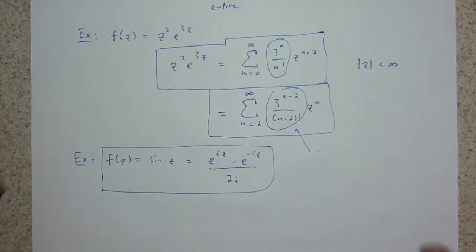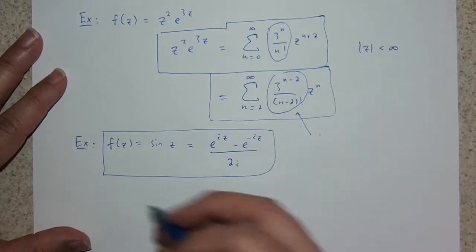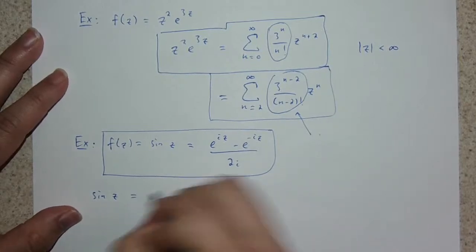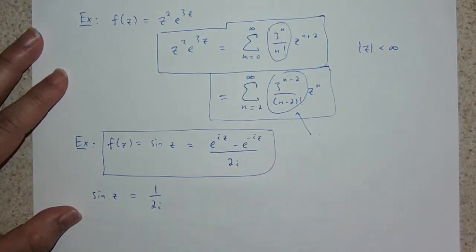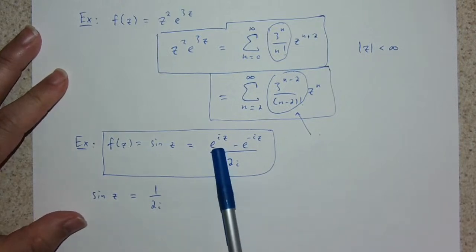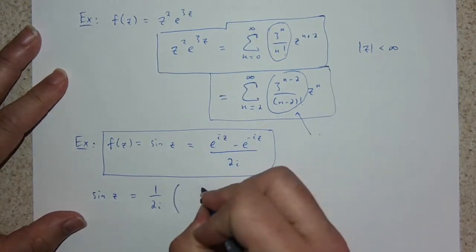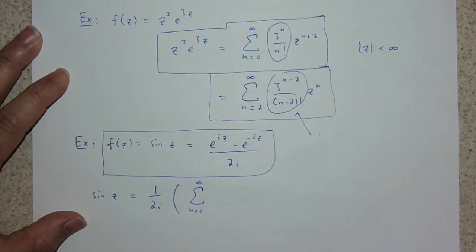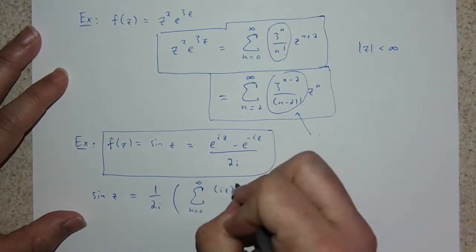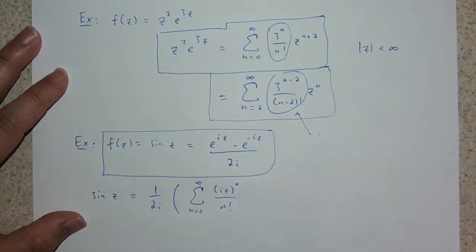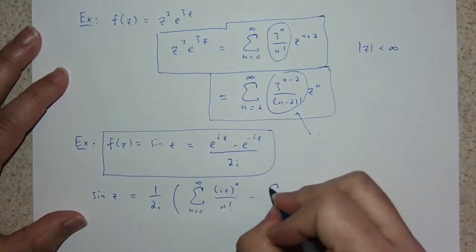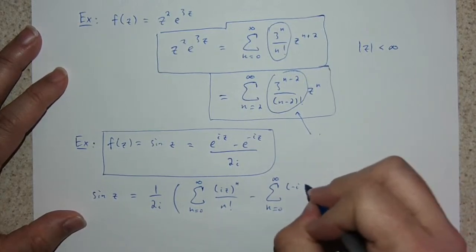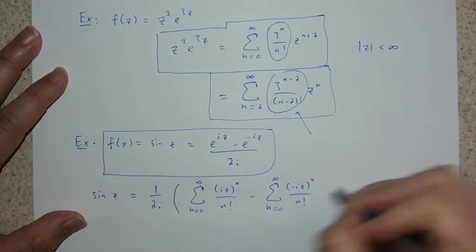Okay. So what do I do here? So I say that sine of z, using this, is 1 over 2i times e to the iz, that is really the sum from n equals 0 to infinity of iz to the n over n factorial, minus the sum from n equals 0 to infinity of minus iz to the n over n factorial.